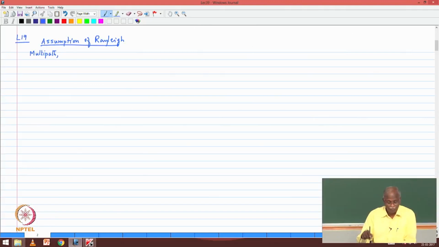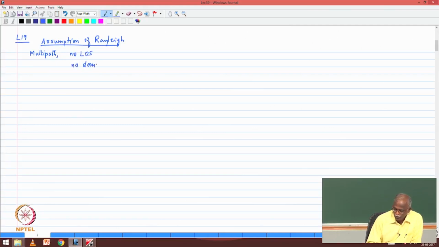So, the assumptions of Rayleigh fading. There were a few assumptions in the basic model, and I thought it's good for us to keep that in mind. Multipath: a large number of components propagating from the transmitter to receiver. There is no line of sight. There is no dominant path.